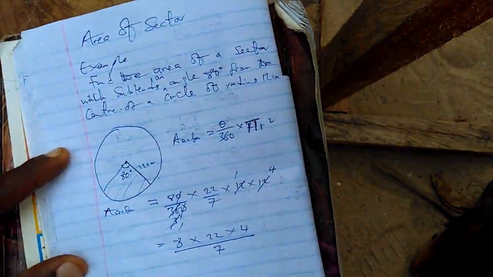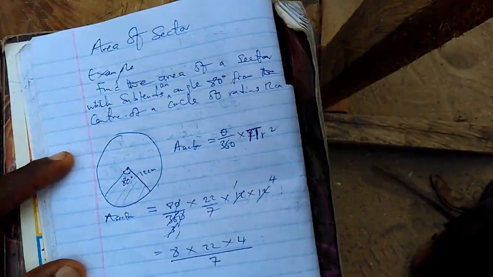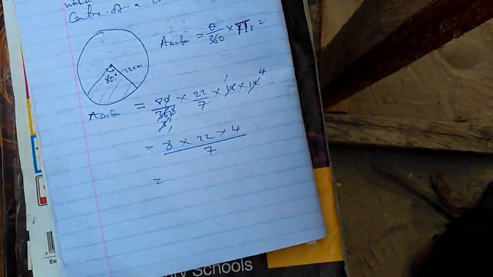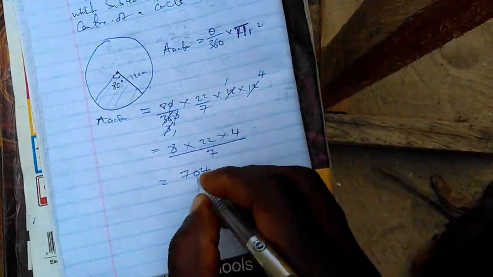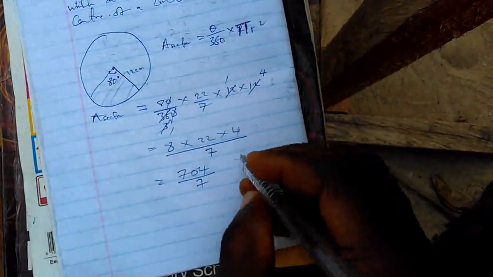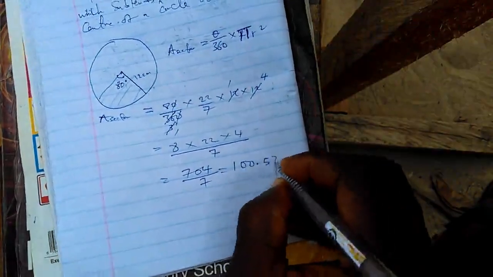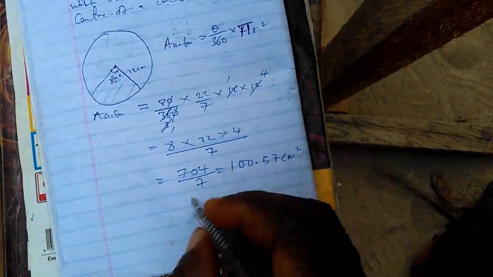So let's get the answer. At this level, we can use a calculator. Using a calculator, you have 704 over 7, and that gives us 100.57 cm squared.